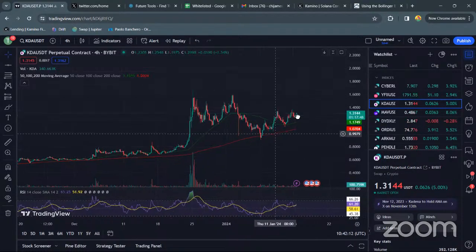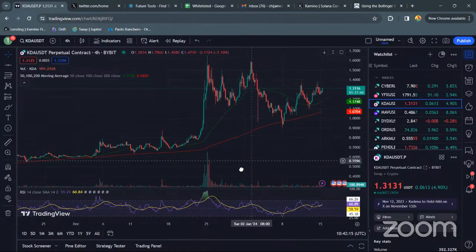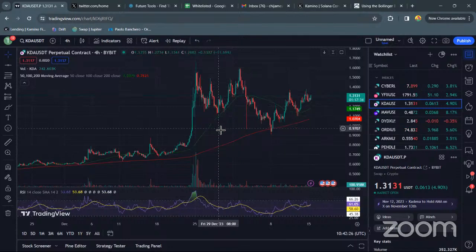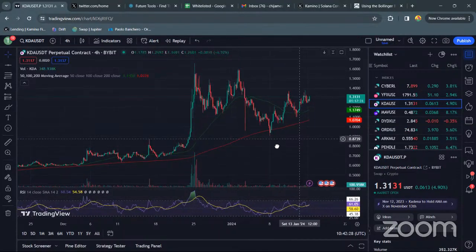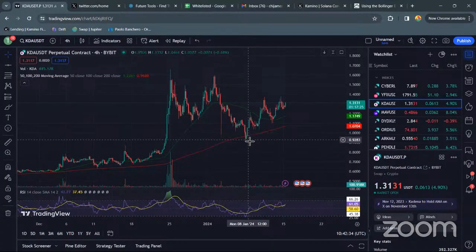I remember when I recommended it for you guys to buy last year, it was somewhere around 0.6, 0.7. And you can see right now it's trading comfortably above $1, right? It's probably not going to get down to $1 for a while. Okay, maybe it will, but I don't see it going below this 0.92 resistance.